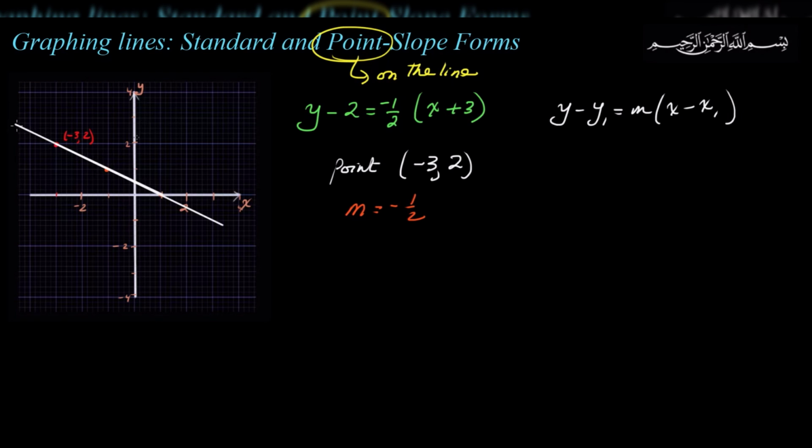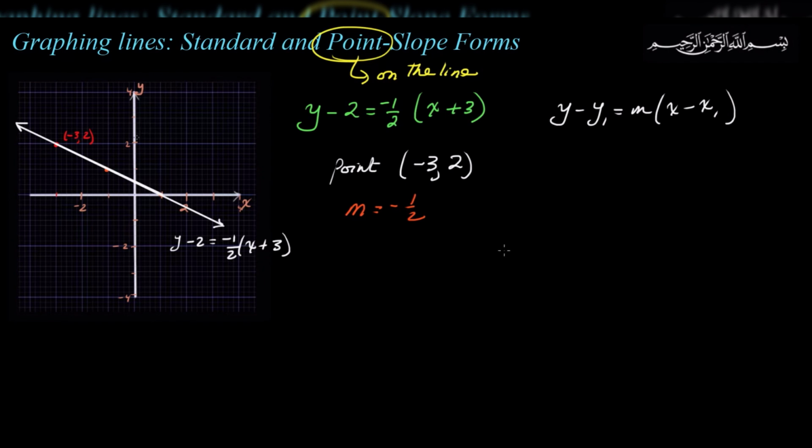You want to make it nice and perfect. Okay, here you go, ta-da! There's your line. And if you wanted to, you can label this line, because if you have more than one line on the graph, you have to tell which line belongs to which equation. So we have labeled the line, and that's how you graph lines given in point slope form.